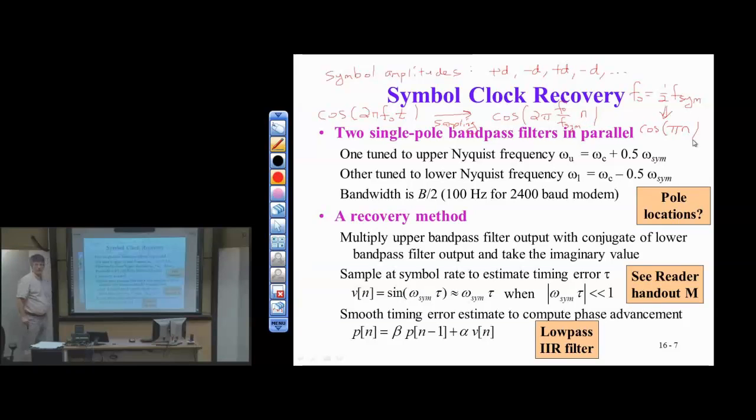So I'm going to go from plus 1 when n is 0 to minus 1 when n is 1, plus 1, minus 1. And so all I have to do, to get the plus or minus d, is multiply this cosine by d. And I'm going to alternate between plus d, minus d, plus d, minus d.